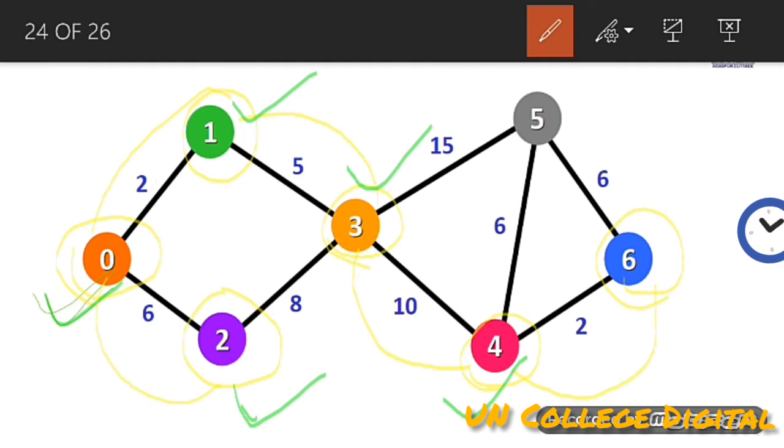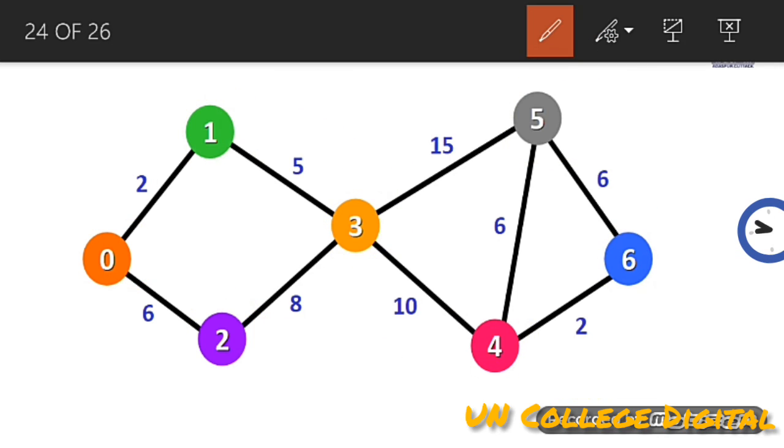Here let me select 6 to 5, and now the connection is in this way. Let me use a tick mark here, and as there are no more vertices, 5 is the ending point. Actually let me draw the tree so that you can understand clearly.